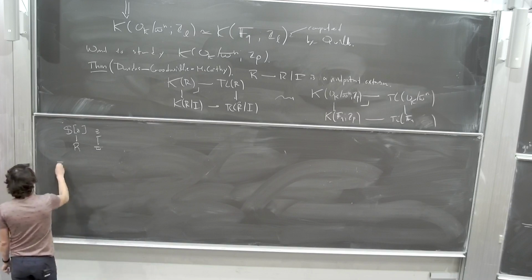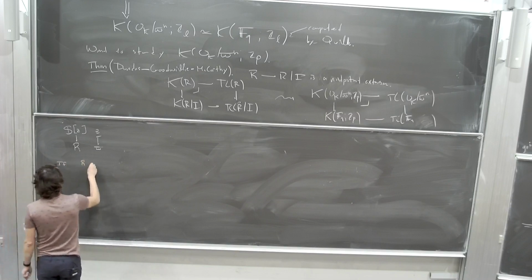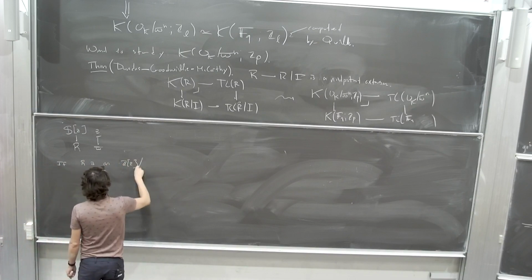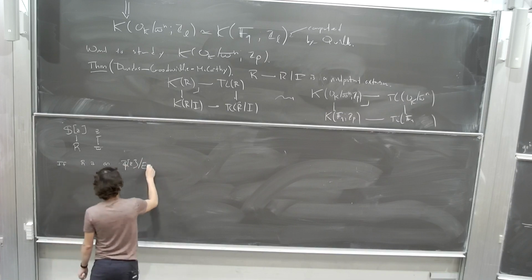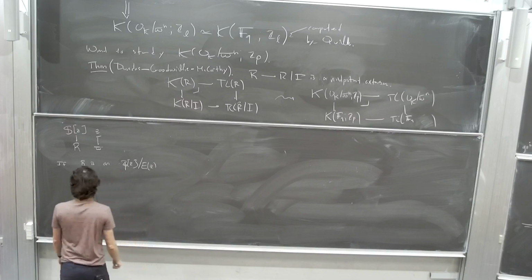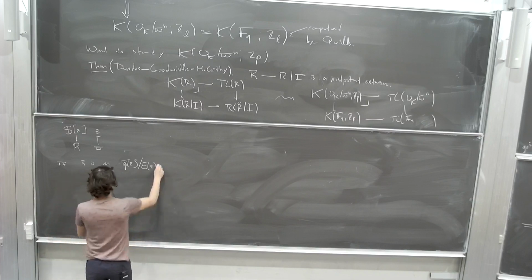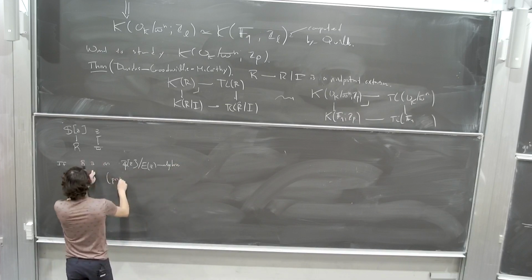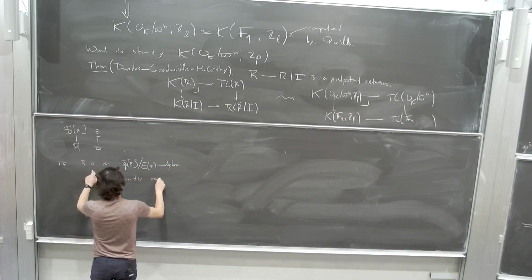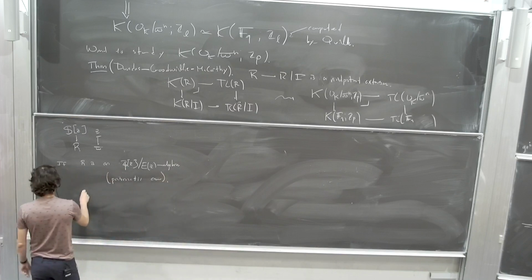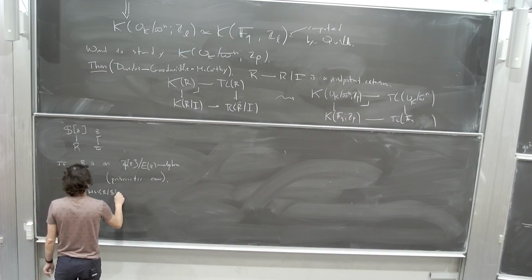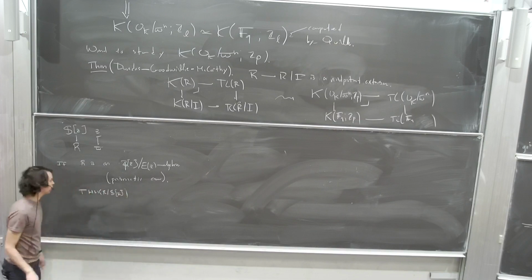Now, if R is a Z_p adjoin z modulo some uniformizer algebra, okay, so this is the prismatic case, right? Then we have THH of R relative to S adjoin z, as I explained in my last talk.